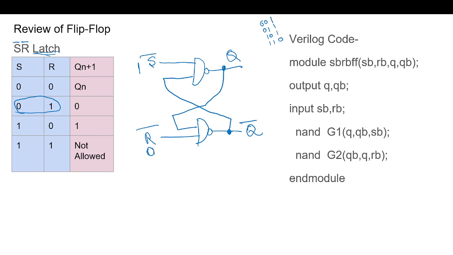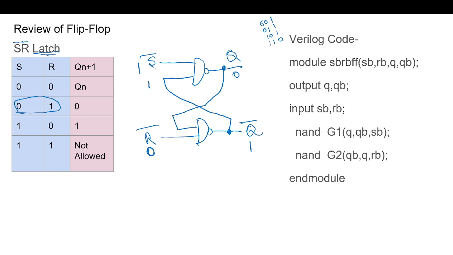So I know the output. When one input is 0, the output is fixed to 1. Then what will be the value of Q? Yes, so here I will get 1, and for this combination 1 1 it will be 0. So we get the output 0.